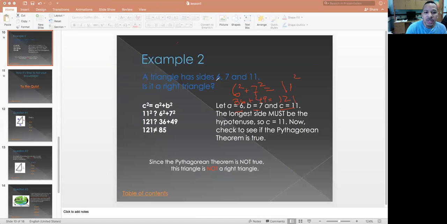If this equals, then we know it's a right triangle. 36 plus 49 is not equivalent to 121. In fact, 36 plus 49 would give us 85, which is not equal to 121. So the answer is no, it's not a right triangle.